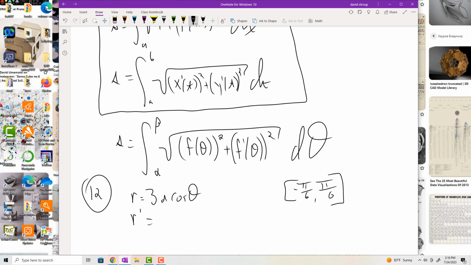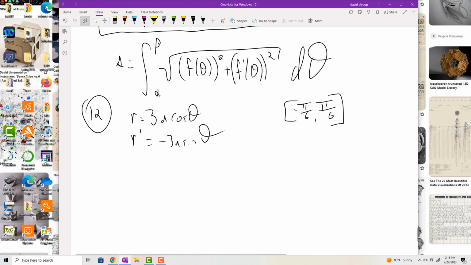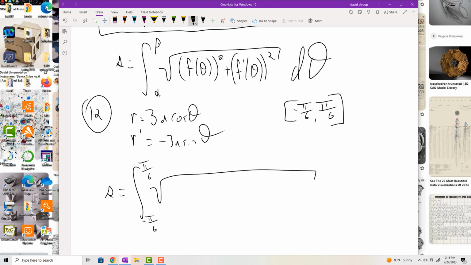And so our prime is going to be negative 3a sine theta. And then, here we go. So it's just plug and chug, right? So negative pi over 6 to pi over 6, square root of, and like I was saying, these things are your f of theta, and this is your f prime of theta.